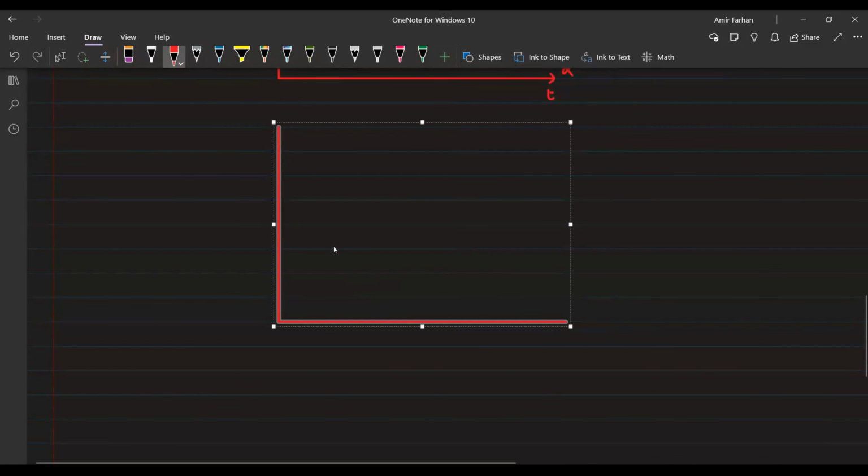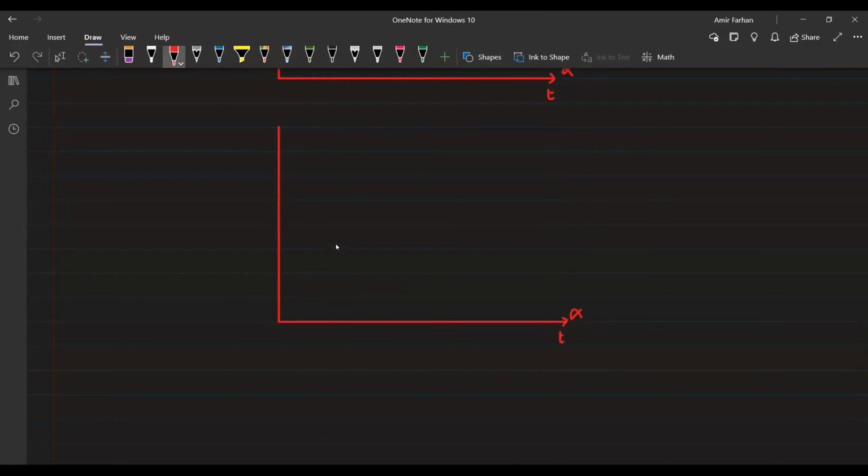First of all, let me know this. This is the x-axis, this is the y-axis, this is v.